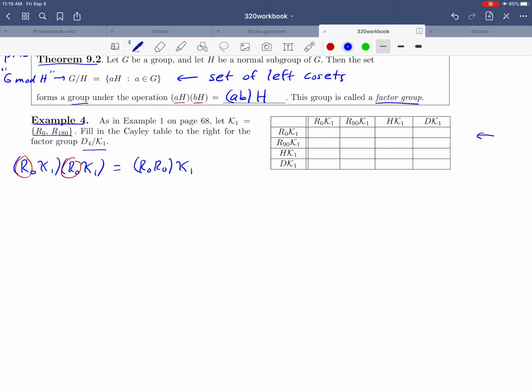If you multiply the identity element by itself, you just get the identity element, and so we wind up with the same coset right back again. That tells us that R0 times K1 belongs in that entry of our table.